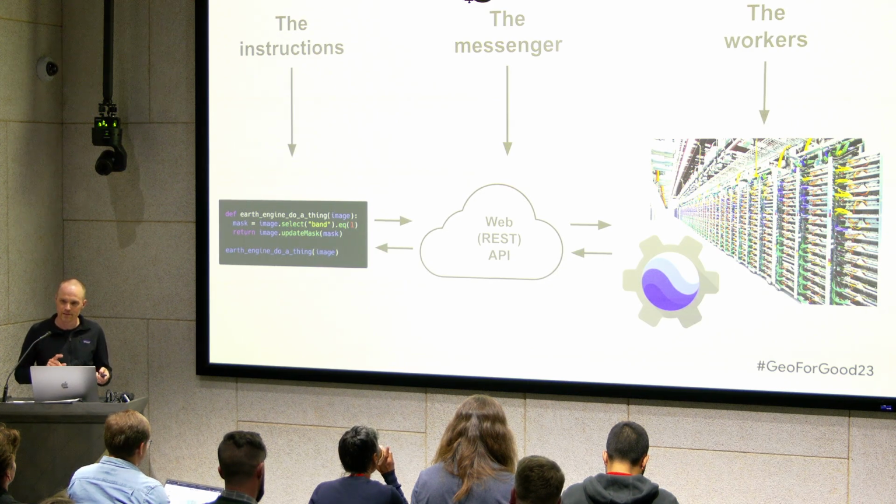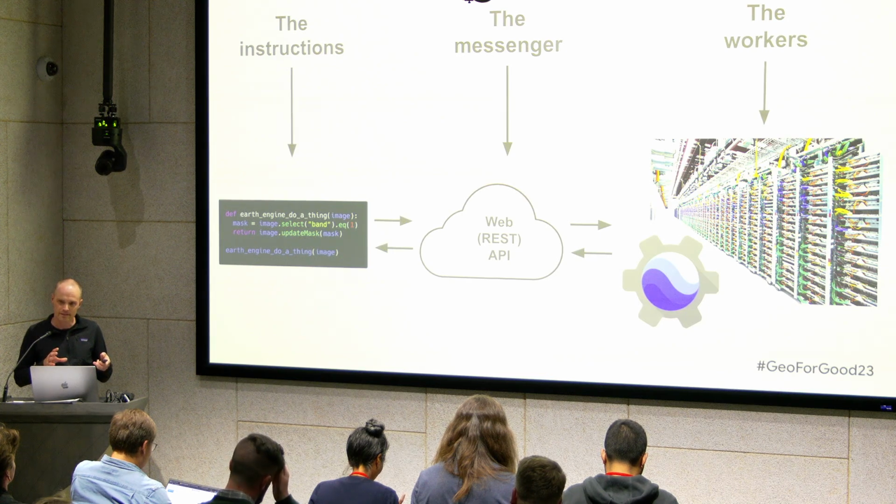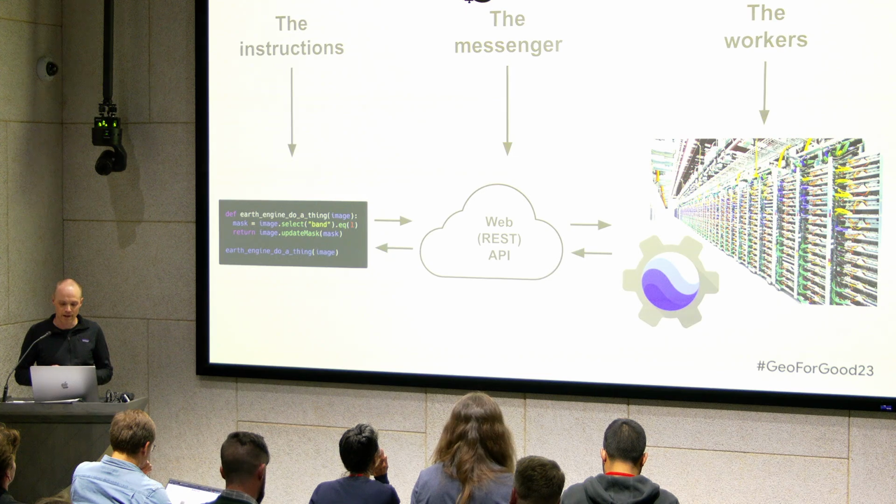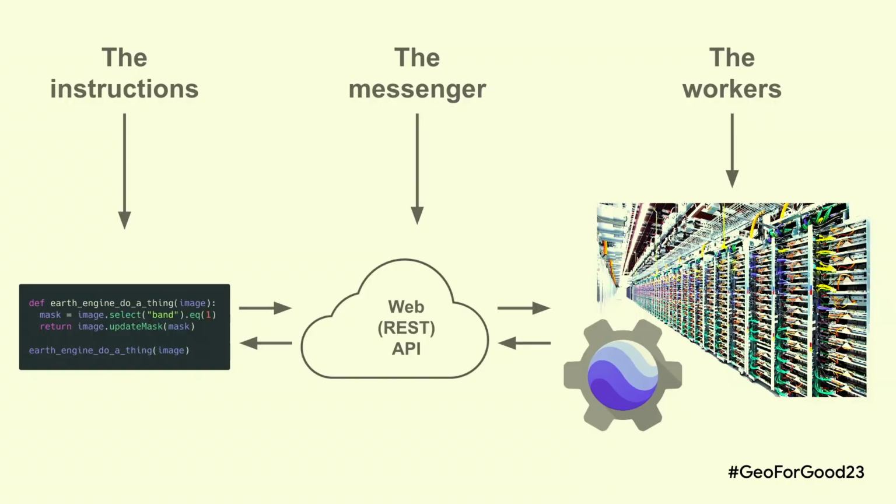I write this code, I hit the run button maybe in the code editor, and then in the background, it takes the expression that I've just written and converts it into an expression graph, which Earth Engine servers can understand. That expression graph gets sent across the internet to Google's servers, and they get to work on your request, often breaking it up into many small pieces for multiple machines to work on in parallel.